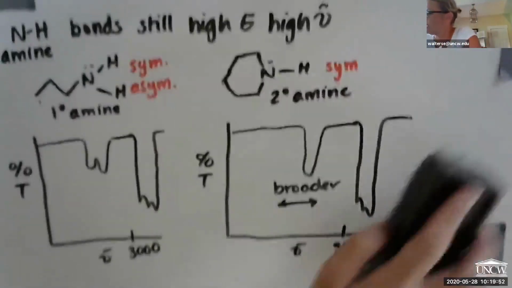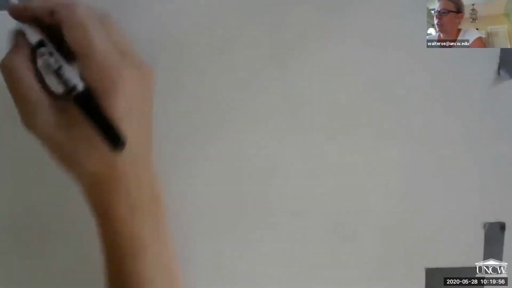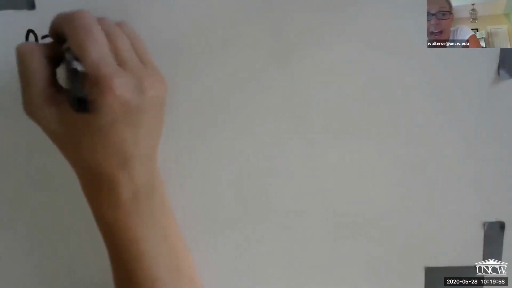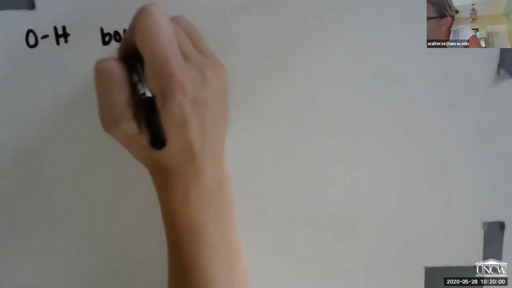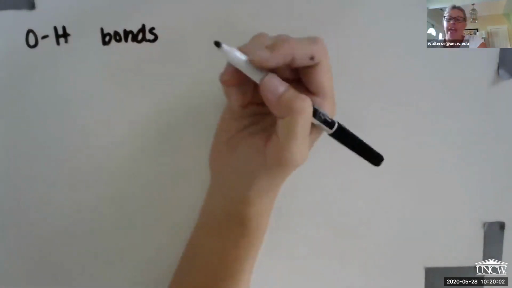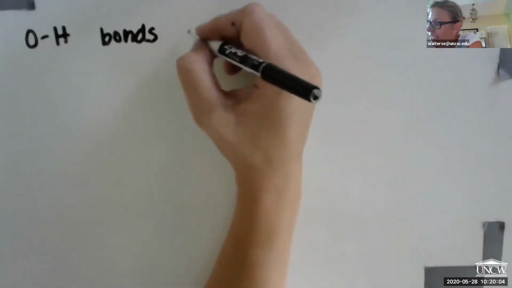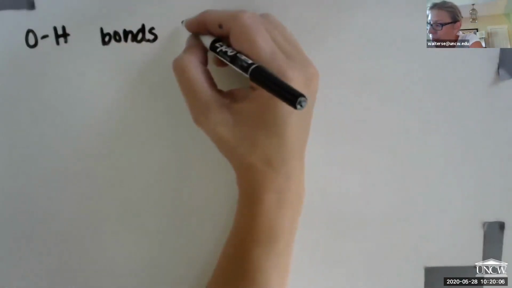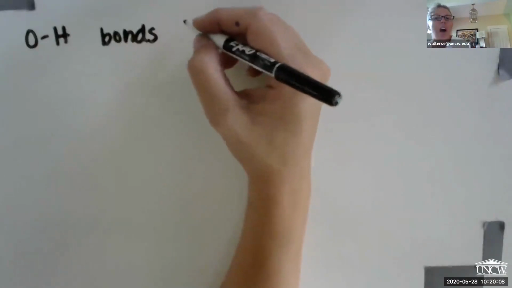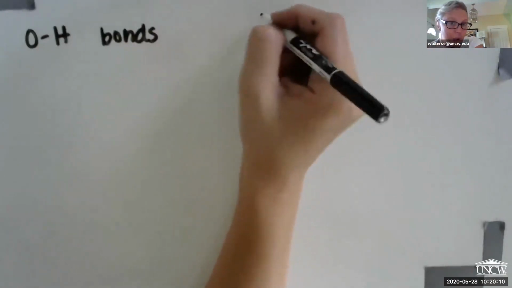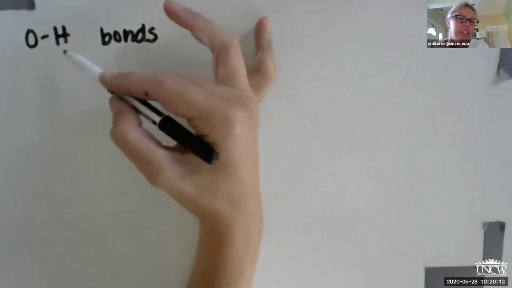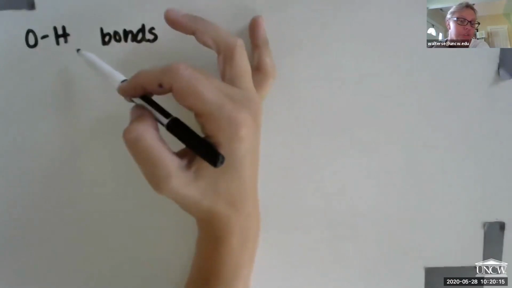Let's see. All right, the last ones that we're going to spend a lot of time on are the oxygen to hydrogen bonds. These are going to have implications in other areas of the spectrum as well, because you can have oxygen atoms in a lot of different functional groups.